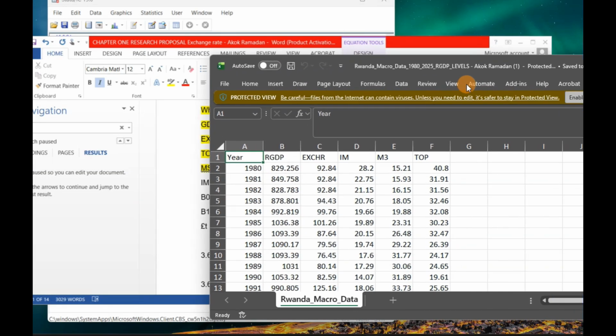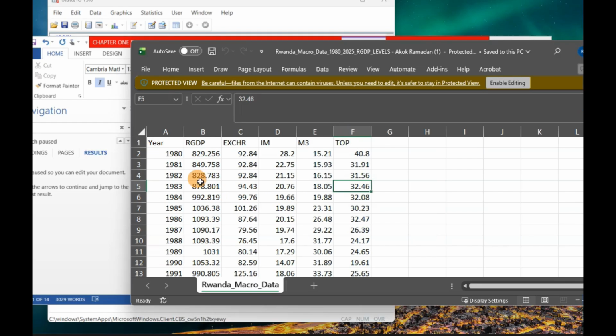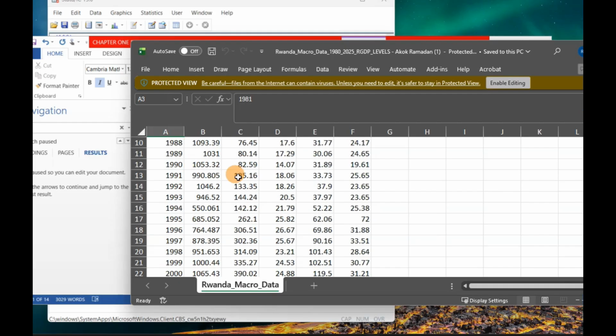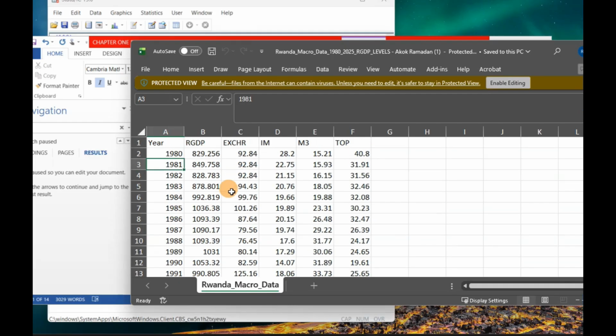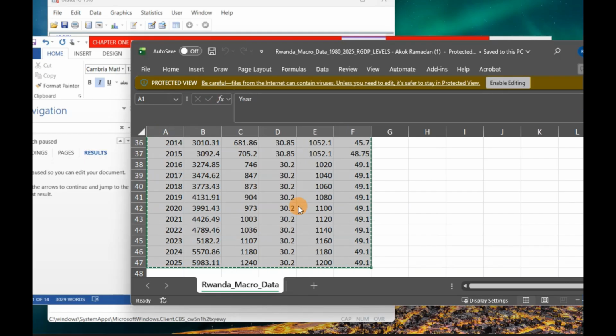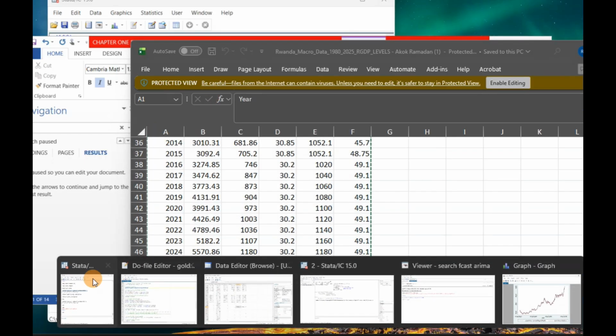His data set was like this one, which is good. Maybe he or she used the simulation. A next student uses simulation to find the data set. So he's going to copy the data sets.